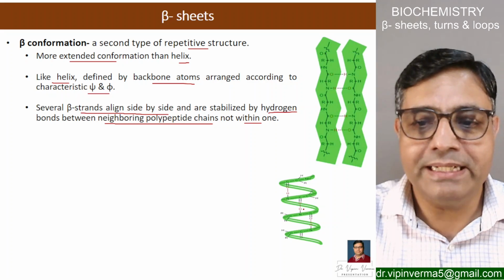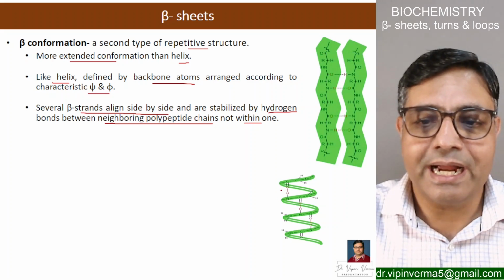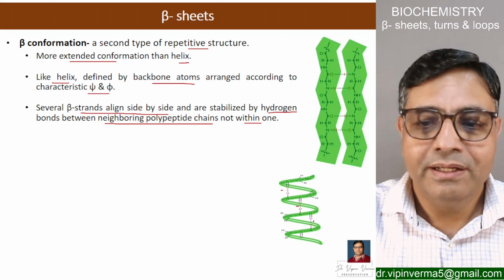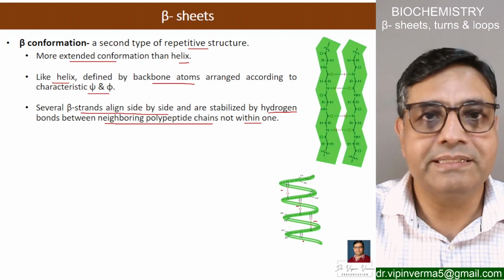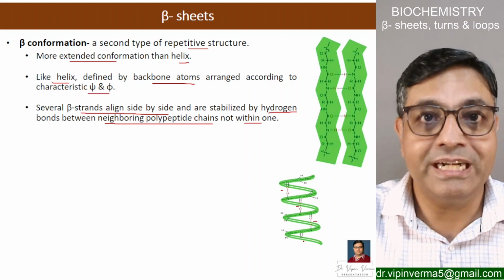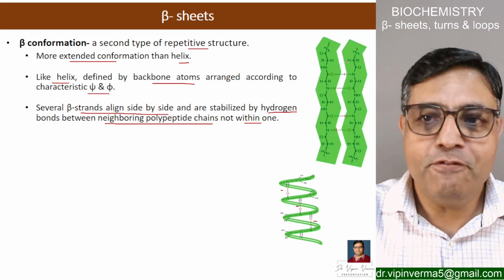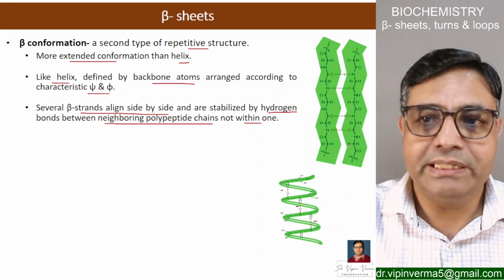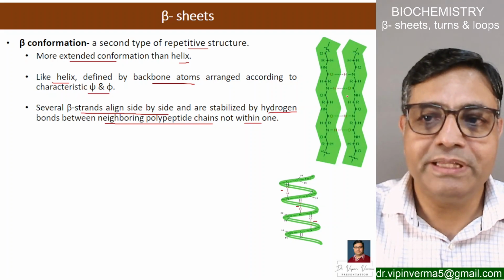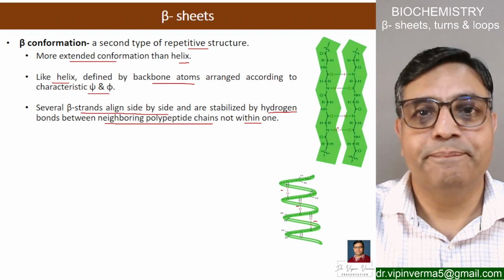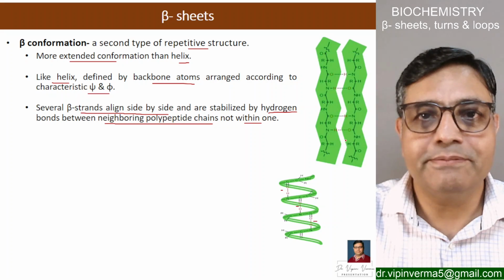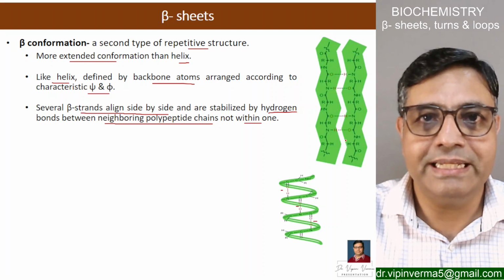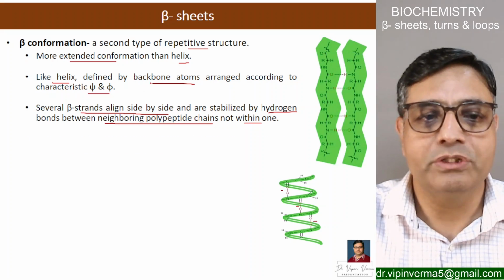In case of the helix, you see here that the hydrogen bond which is formed here is between the residues within the same helix, within the same peptide chain. But if you can see here in case of the sheet, the hydrogen bond is between the neighboring chains. So that is the very important difference between the helix and the beta sheet hydrogen bonds.